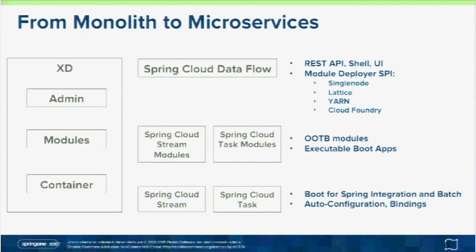Again, there's a talk on that tomorrow morning, but you can start up Spring Cloud Dataflow, and it's actually profile aware itself, and will detect whether it's running on Lattice or on Cloud Foundry or locally or with Yarn, and the corresponding SPI will be wired in automatically. The admin is itself a boot application, and then it will just be deploying these modules as boot applications itself.